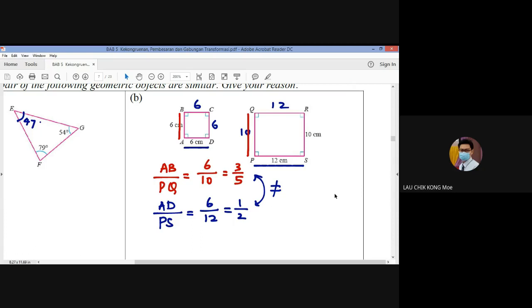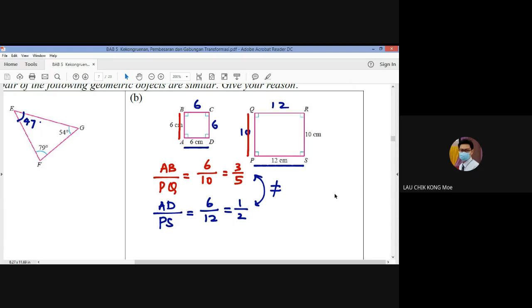Okay, for example, AB is 6 centimeter. AB is corresponding to PQ. PQ is 10 centimeter. So maybe you can use AB over PQ. If you want to use PQ over AB, also correct. Tetapi kalau awak guna PQ over AB, nanti satu lagi pasangan kita kena pakai PS dulu lah, kemudian bahagi dengan AD.